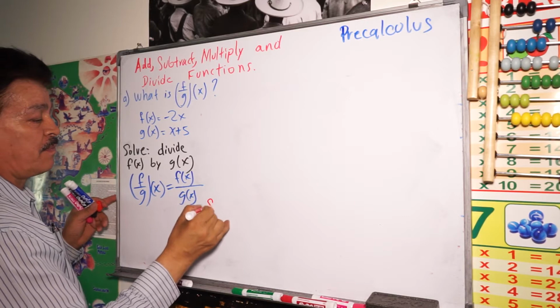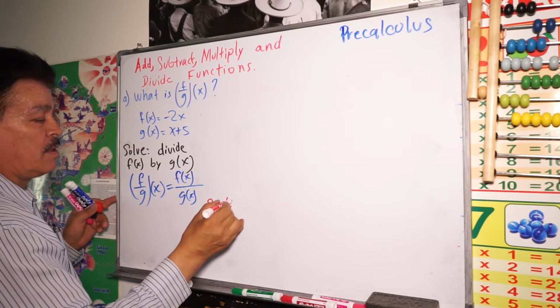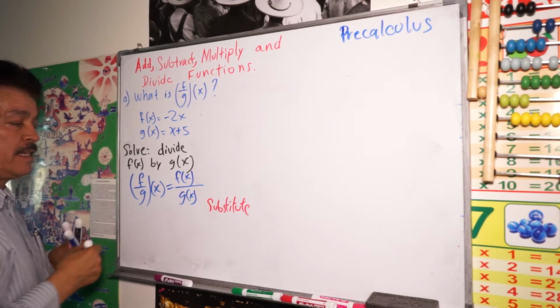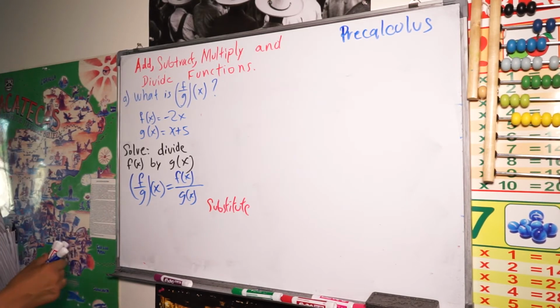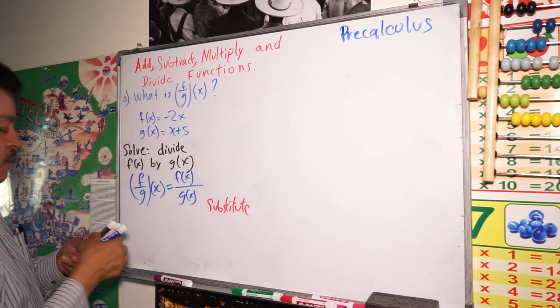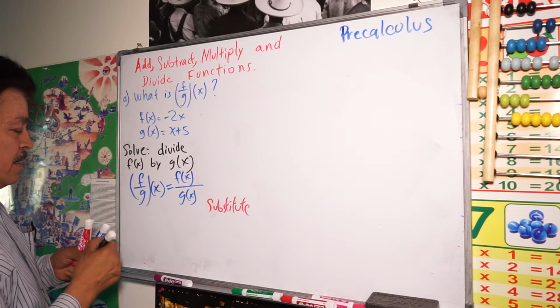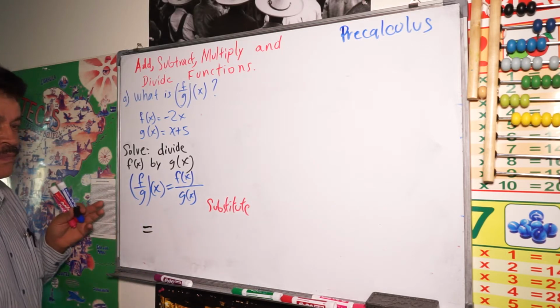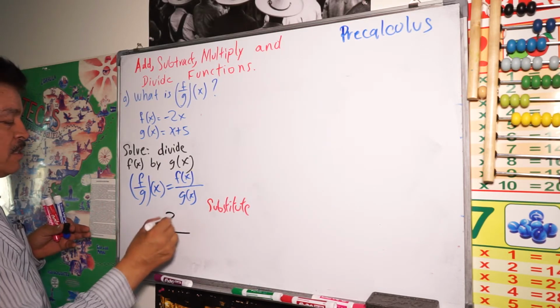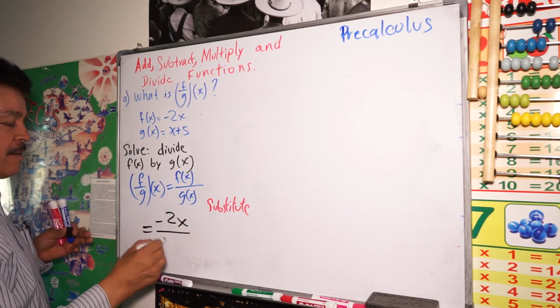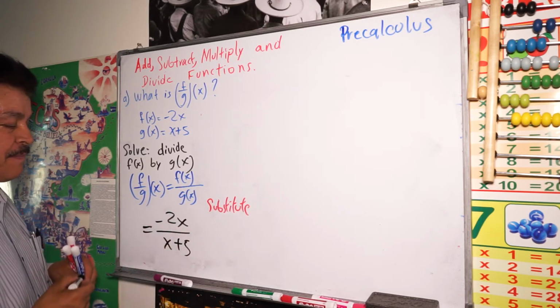When we substitute, it's going to be equal to negative 2x divided by x plus 5.